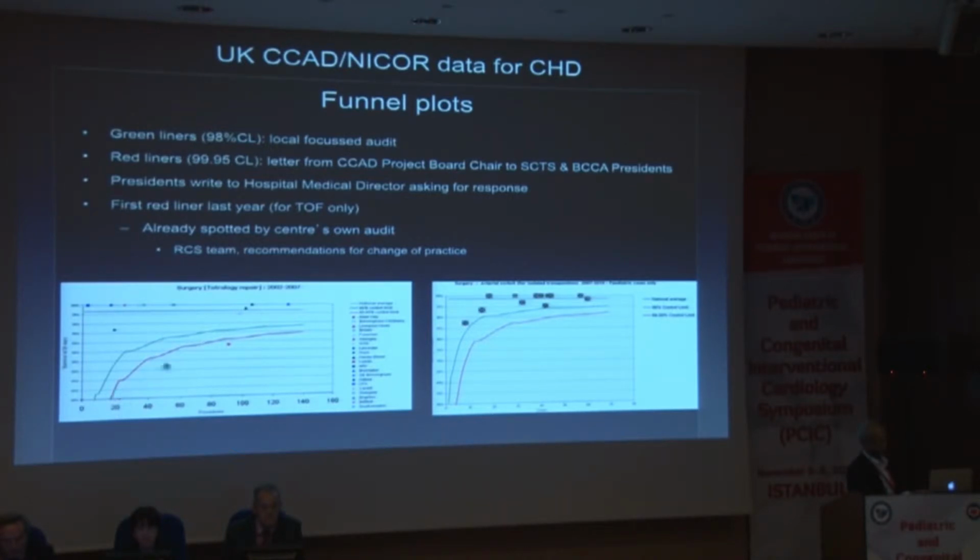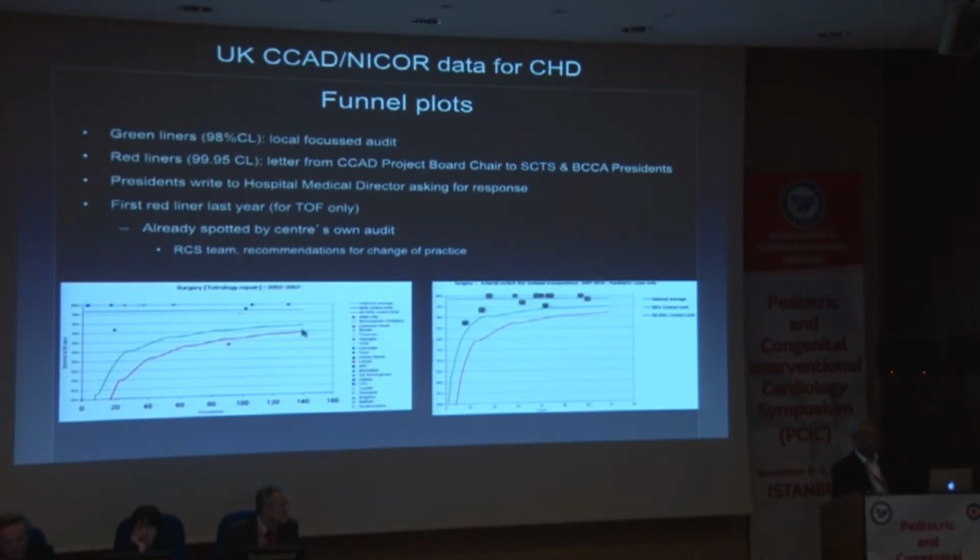So, for example, if a unit falls below this red line, that means that that unit is not performing so well. And so the CCAD, now NICOR, inform or contact the medical director of that hospital to say for this patient population, the tetralogy of Fallot results in your unit are not as good as the rest of the units. You need to look into it.